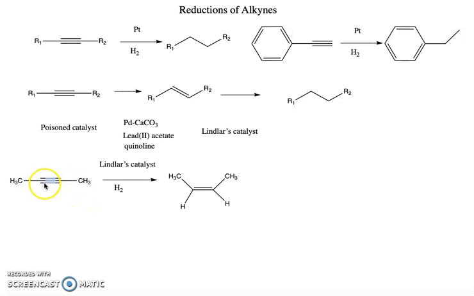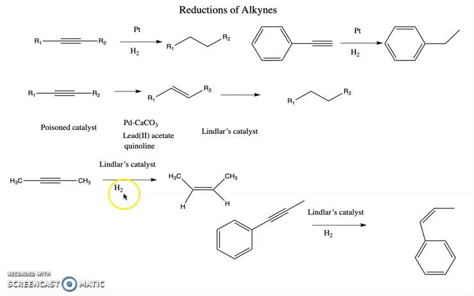So as an example, we can take this alkyne, H2, and the Lindlar's catalyst, and we'll add one equivalent of hydrogen gas to it, and we end up with our alkene. Another example is if we take this aromatic alkyne, react it with Lindlar's catalyst and H2, and we get this alkene again.